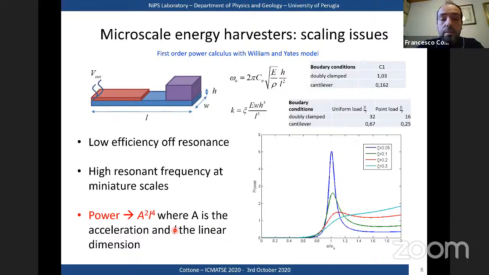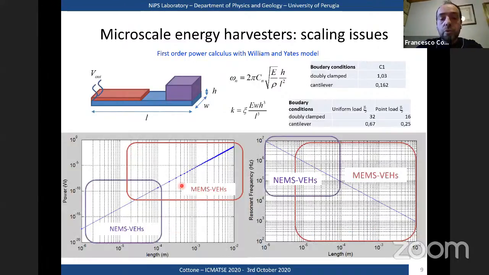If we plot, on a logarithmic scale, the power that can be generated as a function of the linear length, and also the natural resonant frequency, we can see that the power decreases very fast.